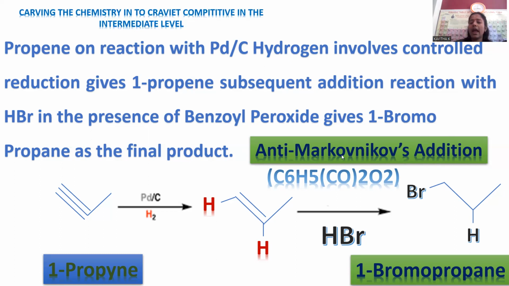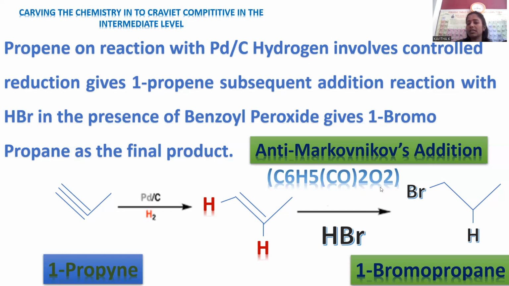If you see, this corner carbon has only one hydrogen, and the terminal carbon has two hydrogens. So specifically, the negative part means bromide. In HBr, the negative part is bromide only. This bromine will be attached to the carbon having more hydrogens under peroxide conditions.